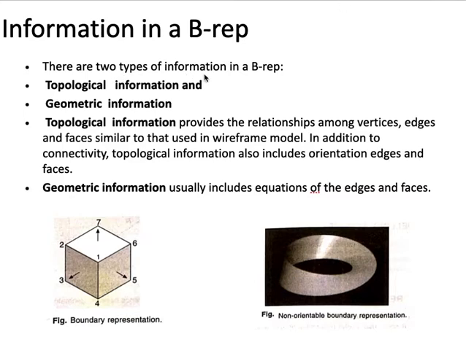As you can see here, there are two types of information in the B-rep, that is topological information and geometrical information. The surface of the solid consists of a set of well organized faces, each of which is a piece of some surface, that is a surface patch.